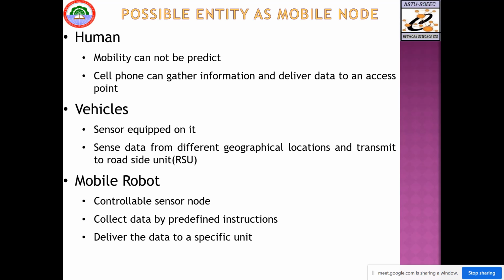And the third possible entity is called mobile robot. This mobile robot is one type of mobile device which can be used as a mobile sensor node, like what we discussed in the human entity. When a human is moving from one location to another location, along with the human the corresponding device is also moving from one location to another location.